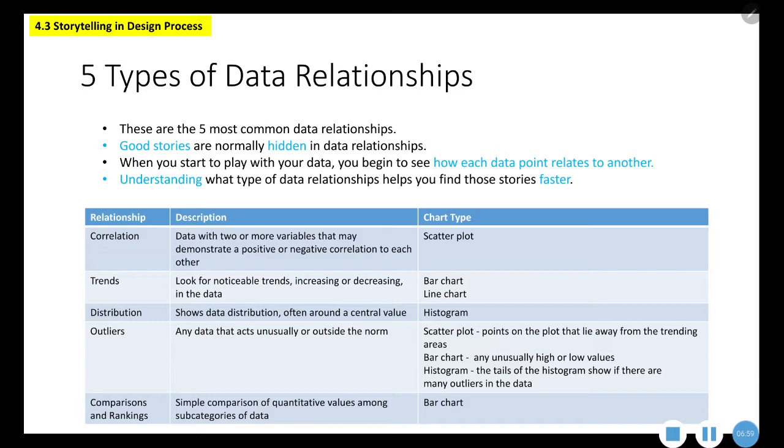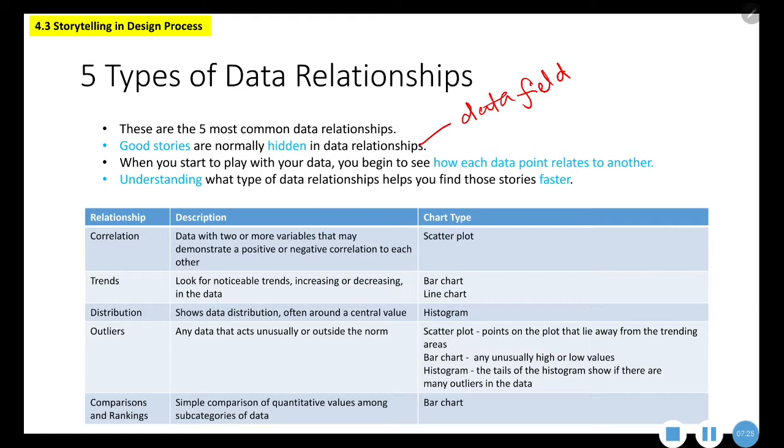And then you also have to understand the 5 types of data relationships. These are the 5 common data relationships. Good stories are normally hidden in data relationships. So what do we mean by data relationship? It means that you observe your data fields in your data set.